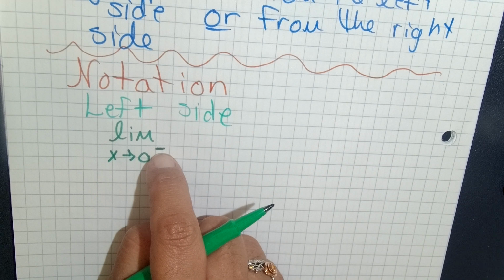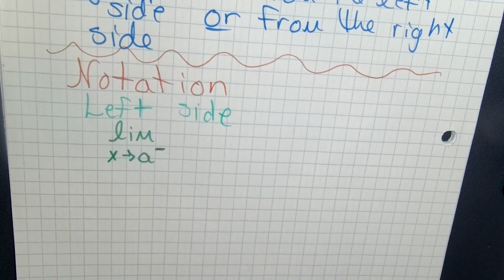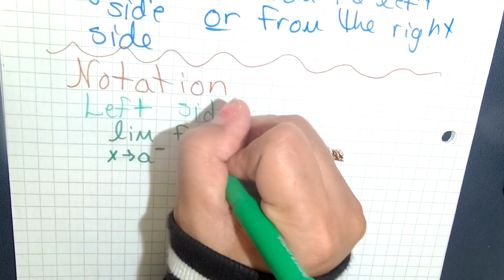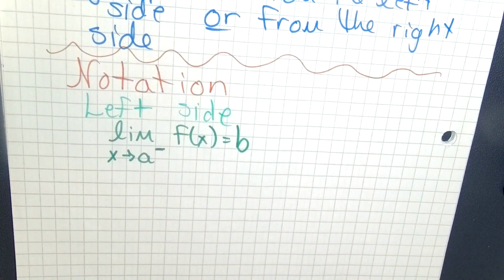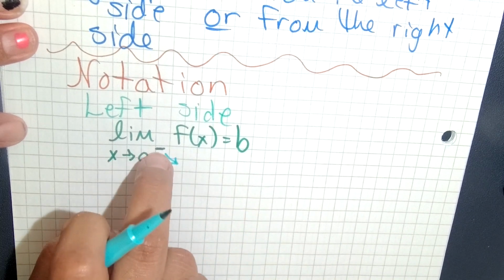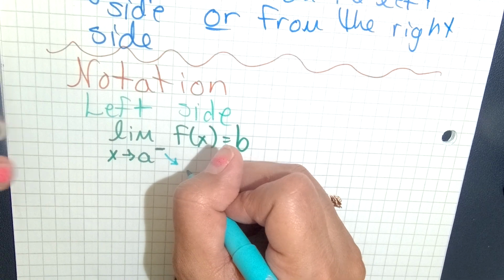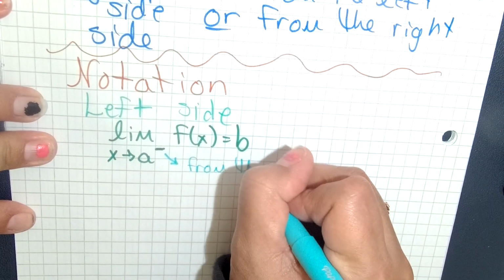This negative sign that is an exponent stands for the left side of that value. So the only difference is this negative sign. This negative sign tells me I'm only looking at the left side of the graph, from the left.